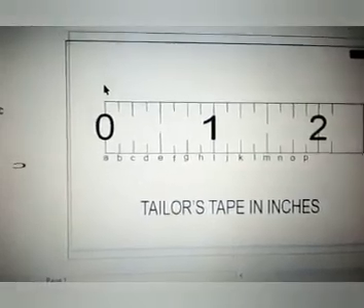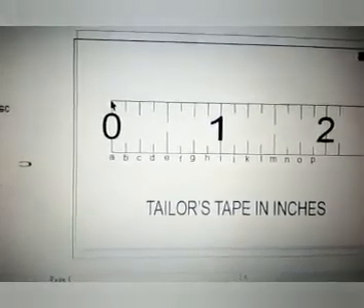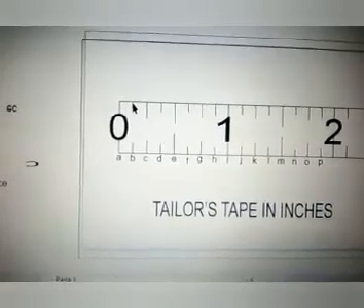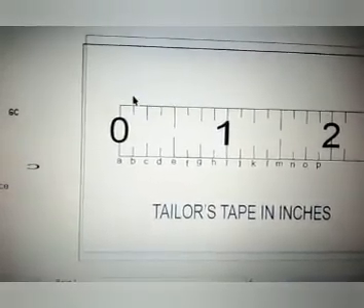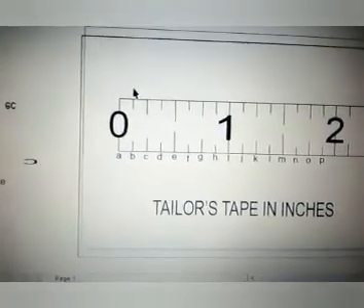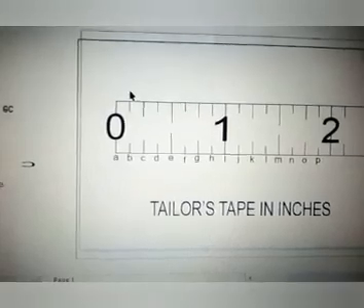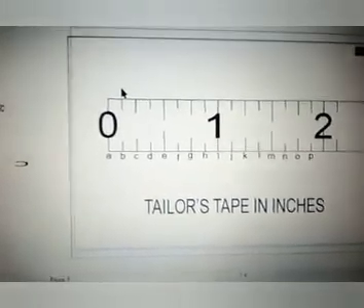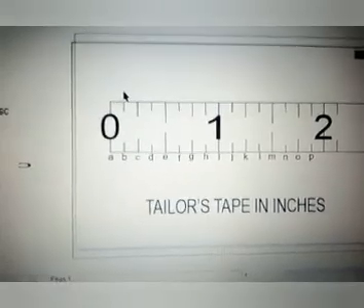In a tailor's tape, each move from here to the next move represents 0.125. There is a continuous addition of 0.125.